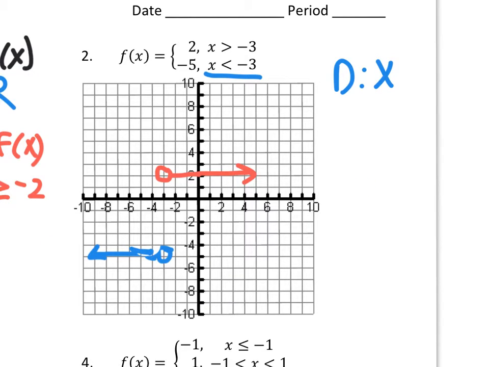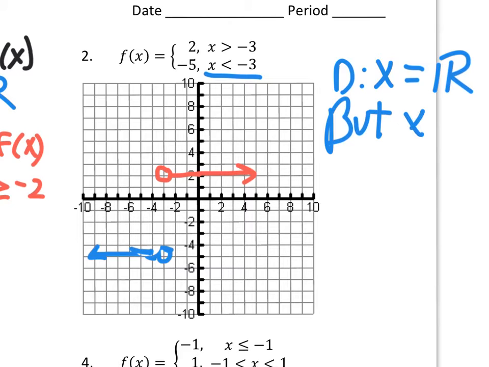So you're thinking x equals all real numbers, and you say, but notice that there's an open dot here and an open dot there. That means that x cannot be negative 3. So the only little detail that you have to add on to it is x cannot be negative 3. Does that make sense?